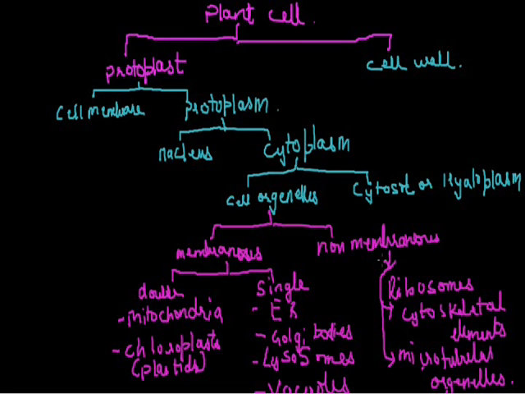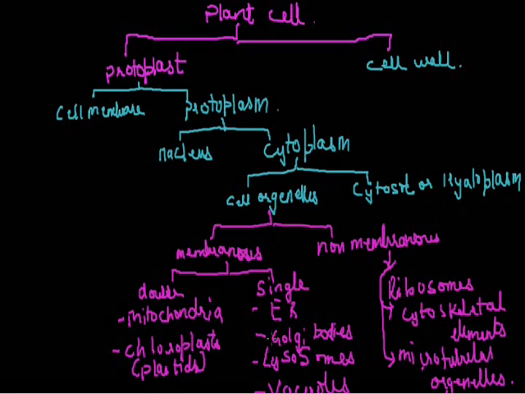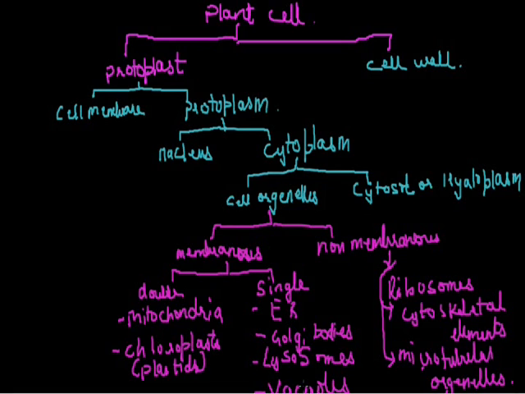They do not contain a membrane. The double membranous organelles are mitochondria, chloroplasts, and the single membranous organelles are the endoplasmic reticulum, the Golgi apparatus, lysosomes, vacuoles, etc. The non-membranous cell organelles are the ribosomes, the cytoskeletal elements, and the microtubular organelles. So this is in brief about the cell, which is the basic structural and functional unit of life.